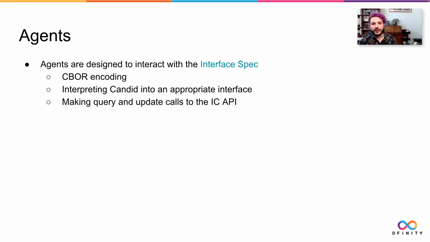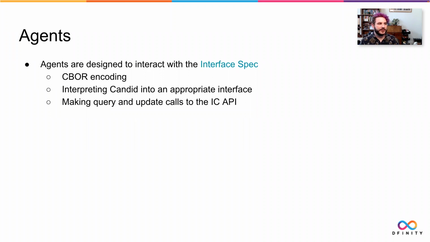So as we encode the data, we're going to have an interface for your canister that's already defined by the canister. And this will tell the agent how to structure calls, and it'll know what information it needs to pass and what information it can expect back. So we have a fully typed stack all the way across.